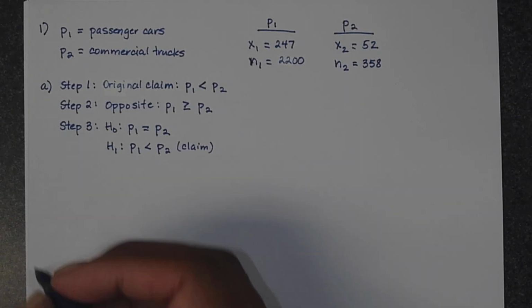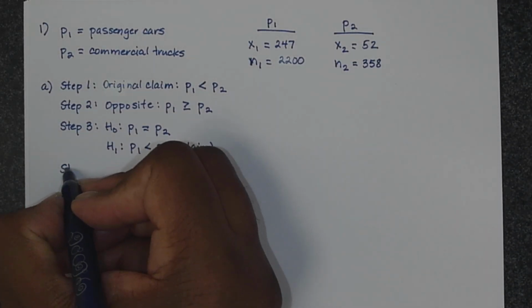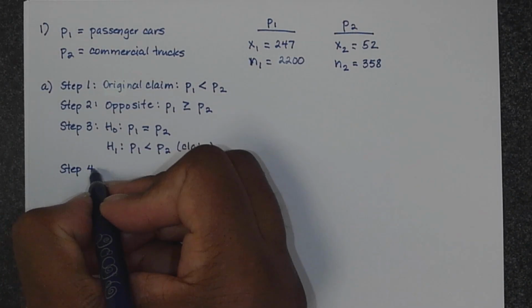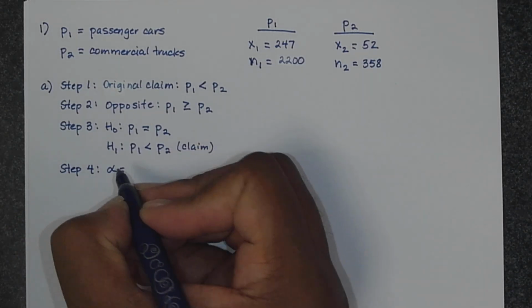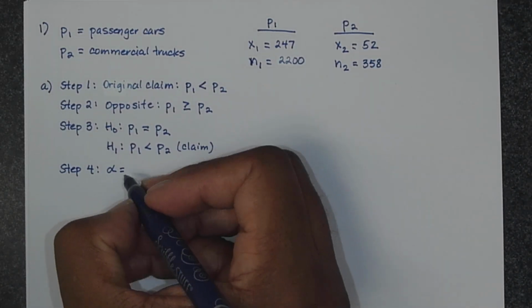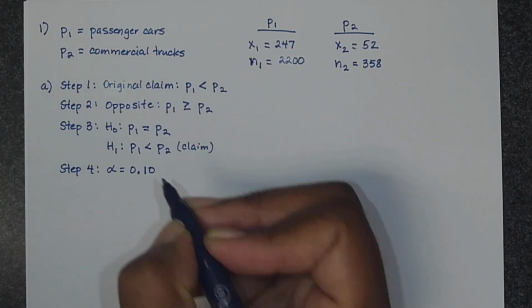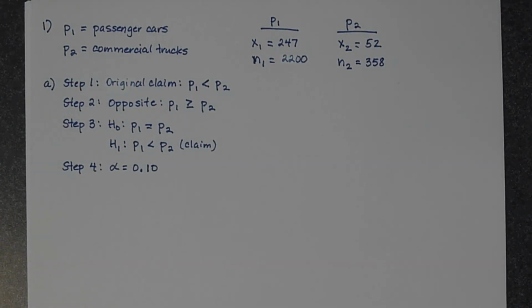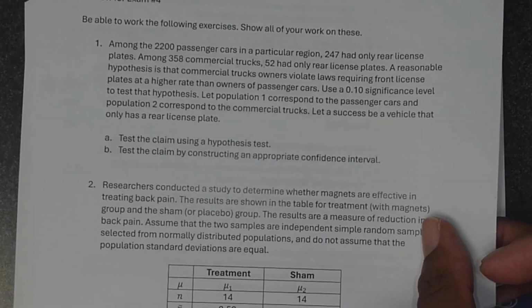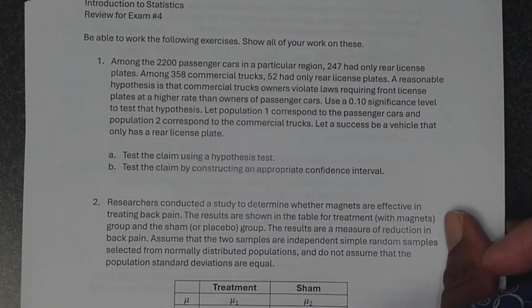And now step number 4 is our level of significance. In the problem, it does say use a 0.10 significance level, so alpha is equal to 0.10. That's given to us in the original problem, as you can see.